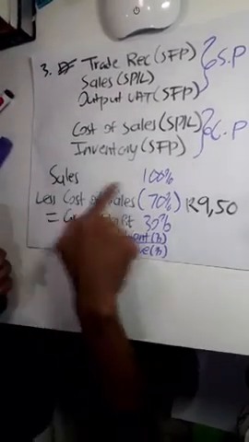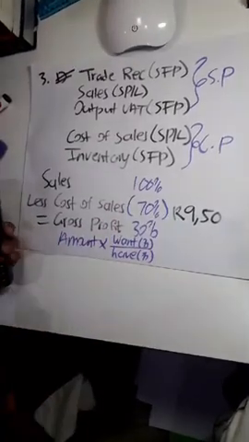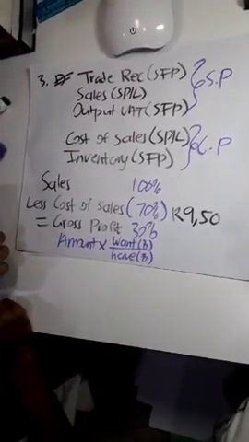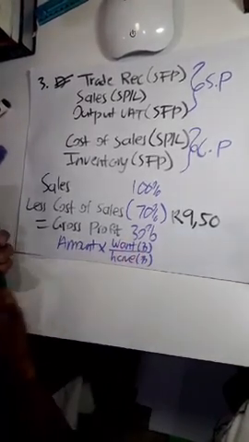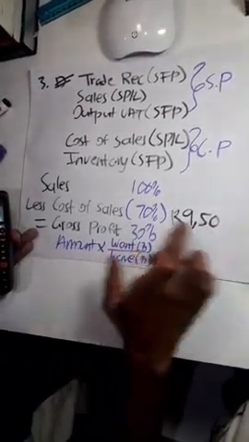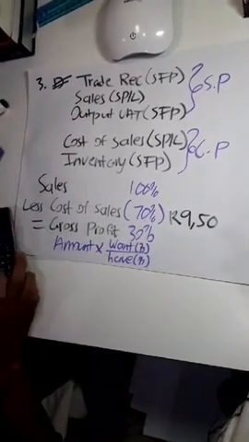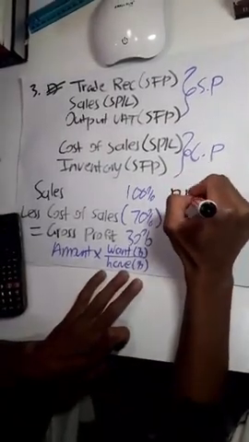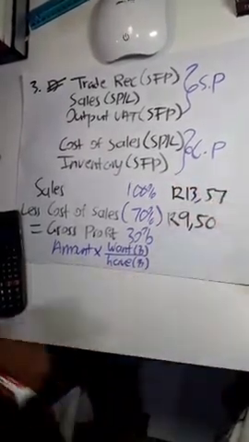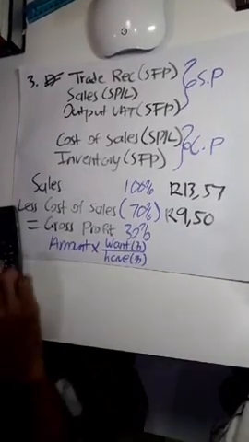We want our sales or the selling price. Multiply by what you want in terms of percentage. I want 100%, right? Divide by what I have. So 950 is equivalent to 70%, right? And then you get 13.57.